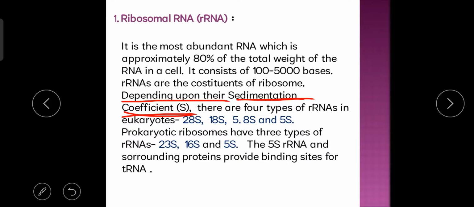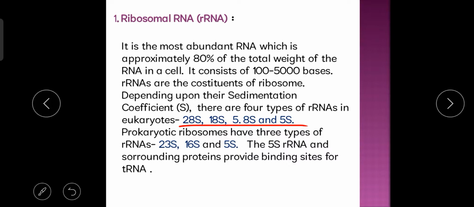Sedimentation coefficient means the amount of sediment formed, the amount of precipitate formed after centrifugation. Depending on the sedimentation coefficient, there are 4 types of ribosomal RNAs in eukaryotes, and these are 28S, 18S, 5.8S and 5S ribosomal RNA.